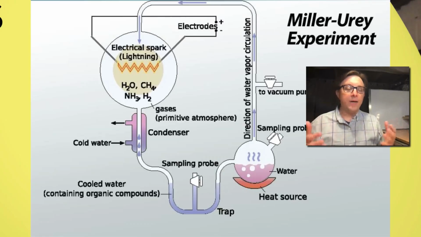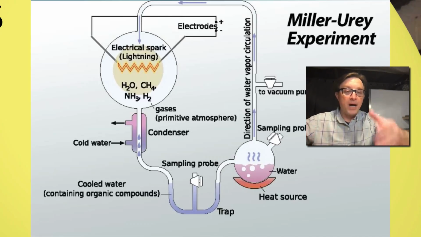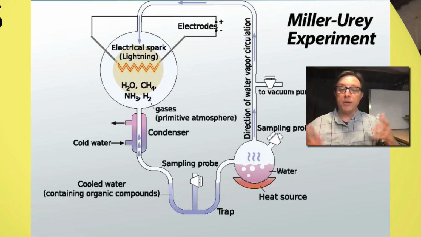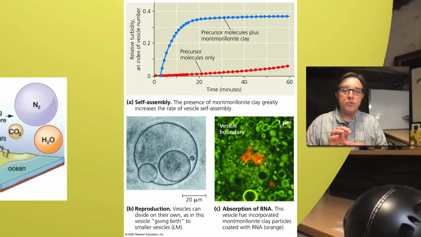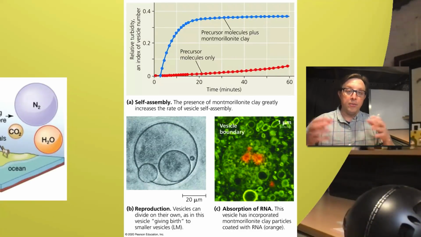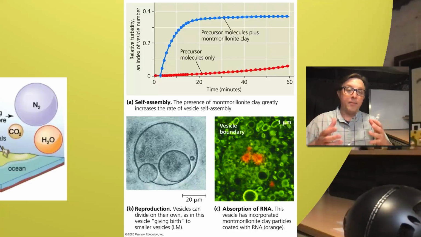One other very interesting piece of evidence about how early cells could have formed was taking some of these molecules from the Miller-Urey apparatus here and dropping them onto a particular type of hot clay, right? That volcanic clay that would have been present or believed to have been present on this early Earth.